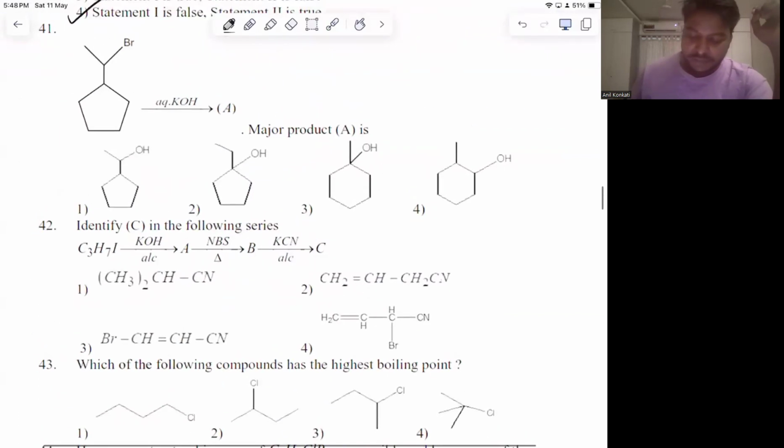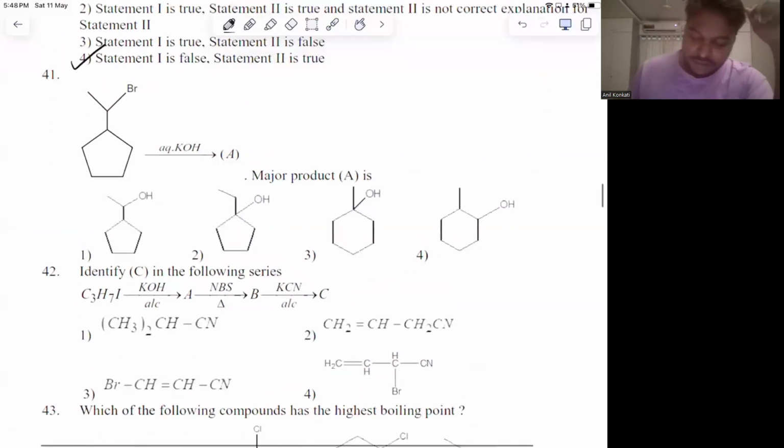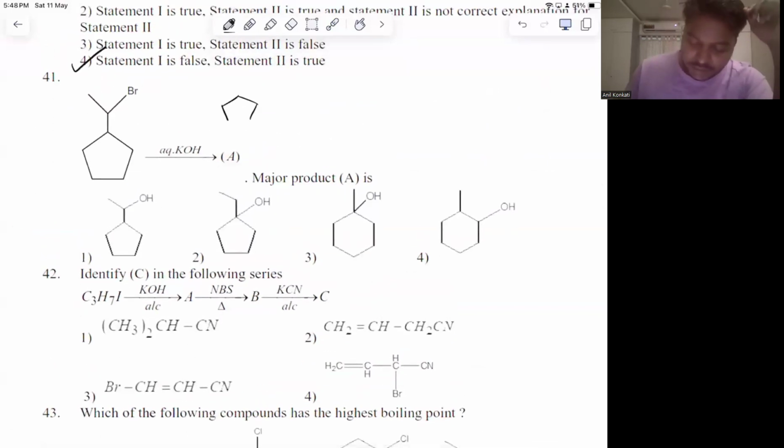Next one. Aqueous KOH. Well, this is a secondary position with little bulkiness on it, so it is difficult for it to undergo SN2 completely. SN2 will be of a very small amount. Rather, whenever there is a secondary compound, we will always expect SN1 also, which means first a carbocation will form.